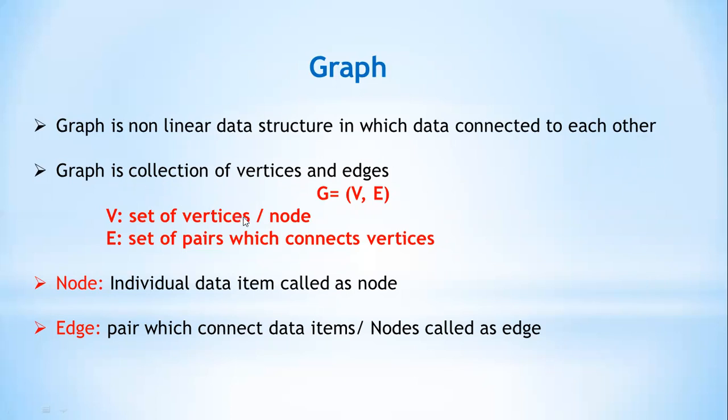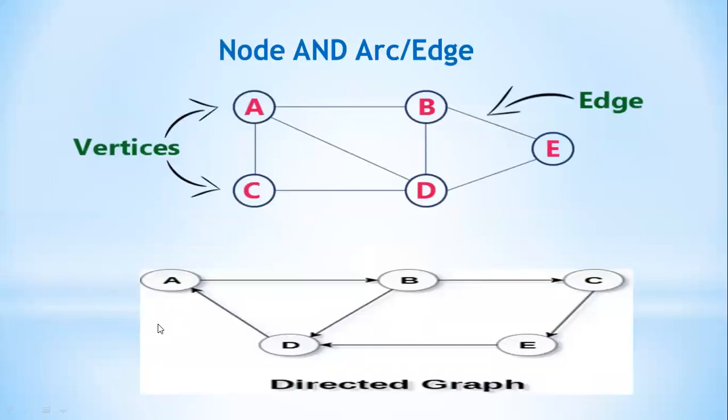One is vertices, you can call this a node also, and the edges. So here you come to know the concept of node and edge. In the first diagram, there are 5 nodes, you can say vertices. So A, B, C, D, E.